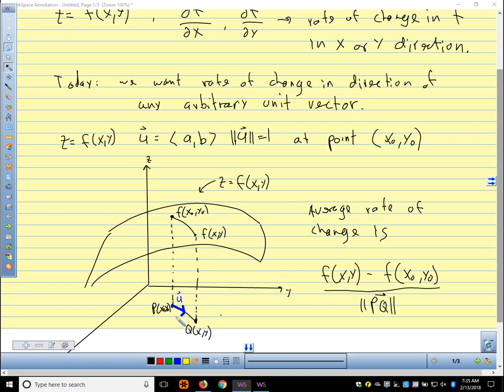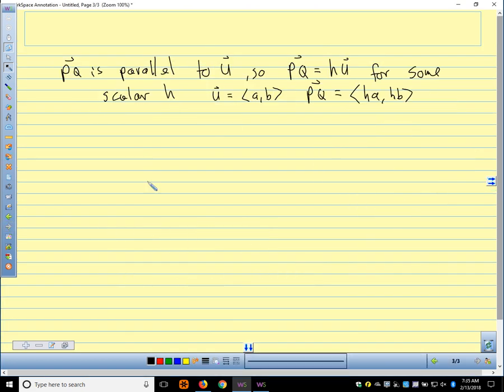That's going to get us from x0, y0 to xy, moving along in the direction of PQ. And y equals y0 plus hb. So these are parametric equations for the line in the direction of u when we're in the plane.